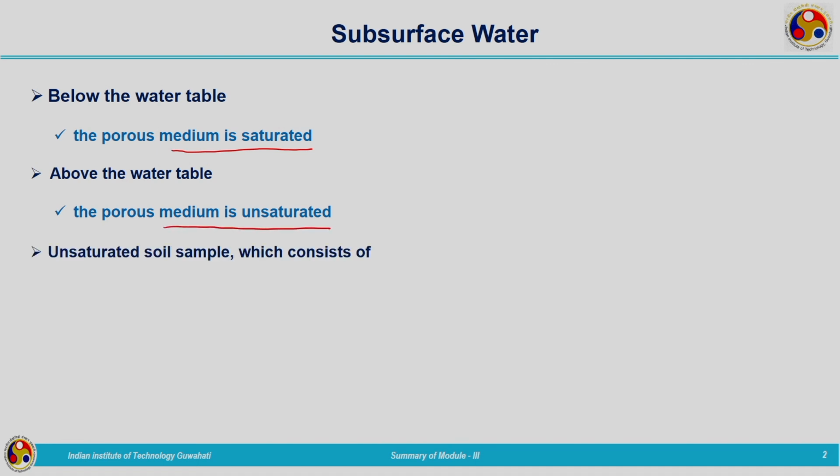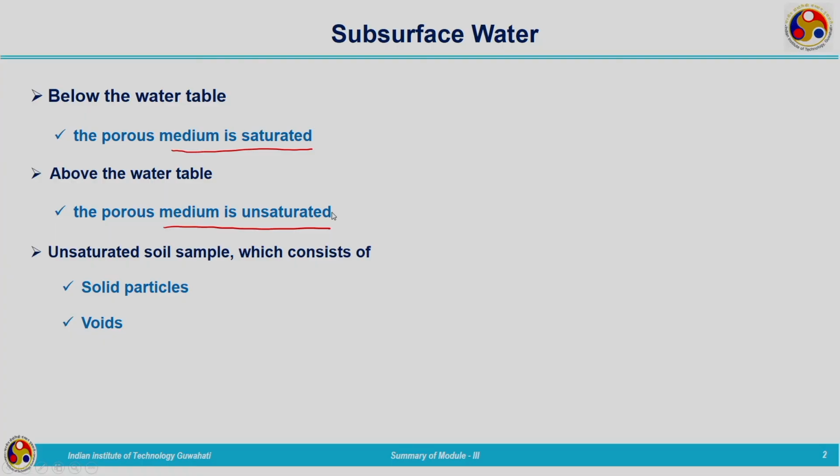If we consider an unsaturated soil sample, within the soil sample, in addition to soil, there are many voids present. These voids can be filled by water or by air. If the voids in the soil are fully filled with water, we call it saturated soil.